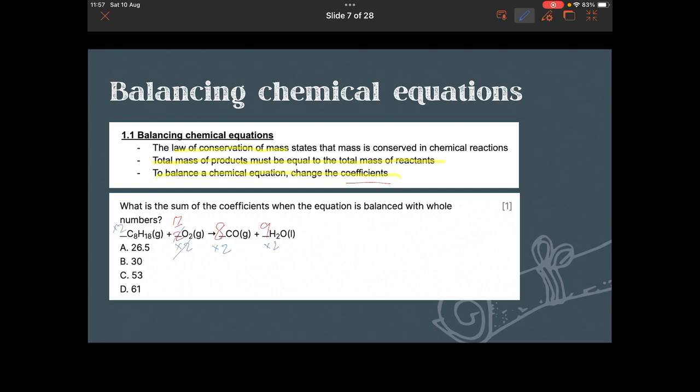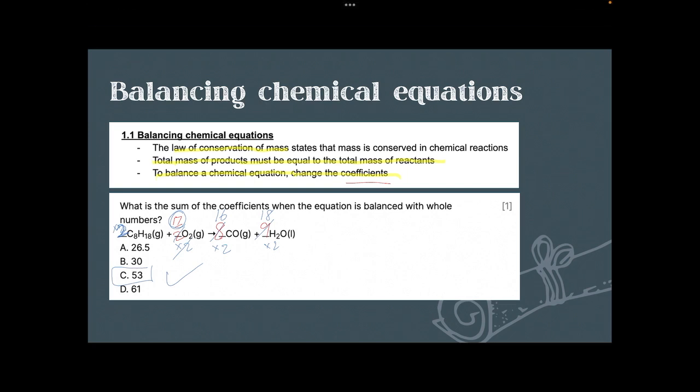So this will cancel out, and this will become 18. This will become 16. So that will become 17. This will become just 2. So when we add all that, 2 plus 17 plus 16 plus 18, we will get 53. So hope you got that right.